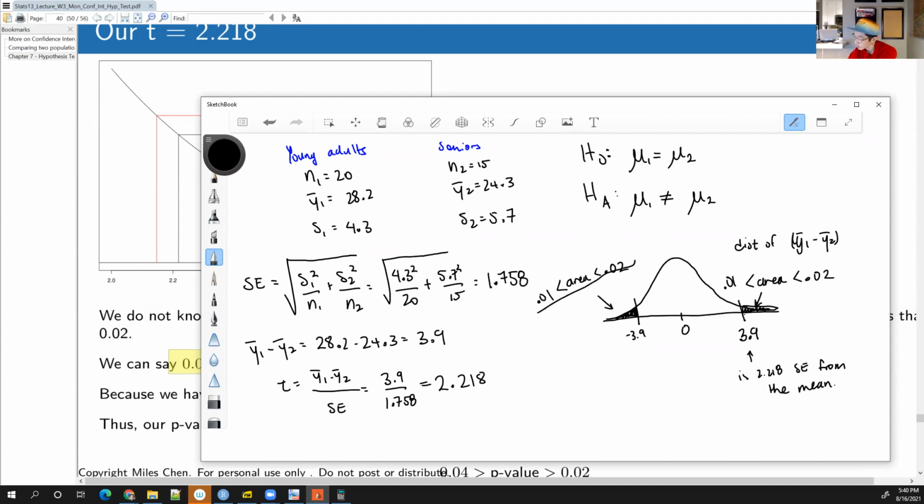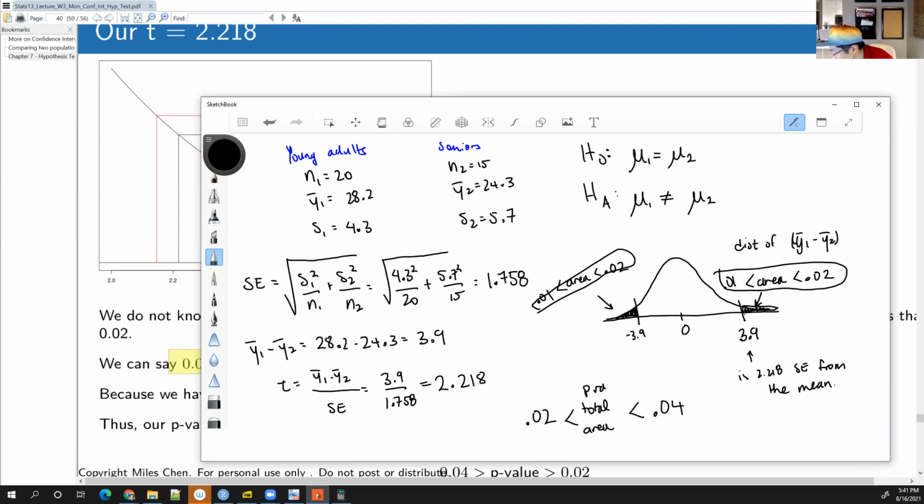So this area is between 1 and 2%, this area is between 1 and 2%, so the total area, which is my p-value, if I add those two up, has to be between 2 and 4%. Basically that's going to be my p-value.